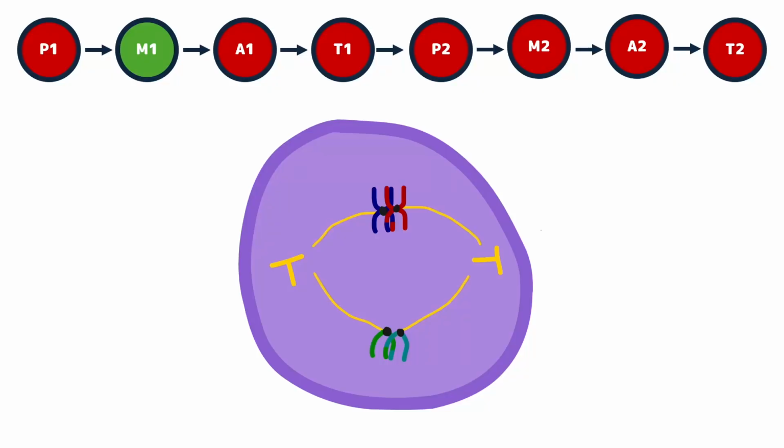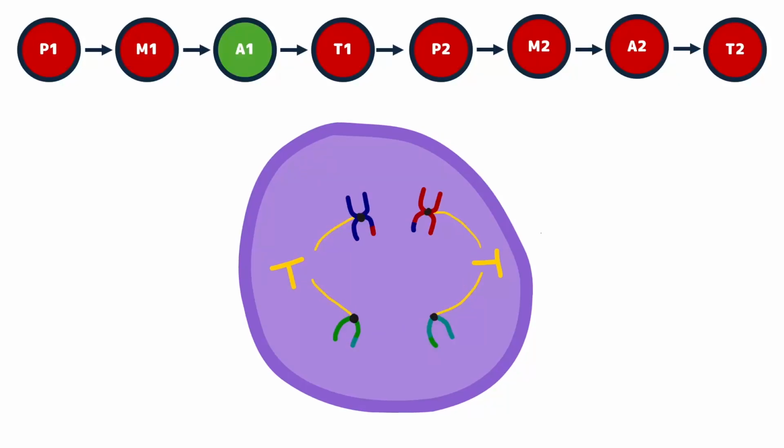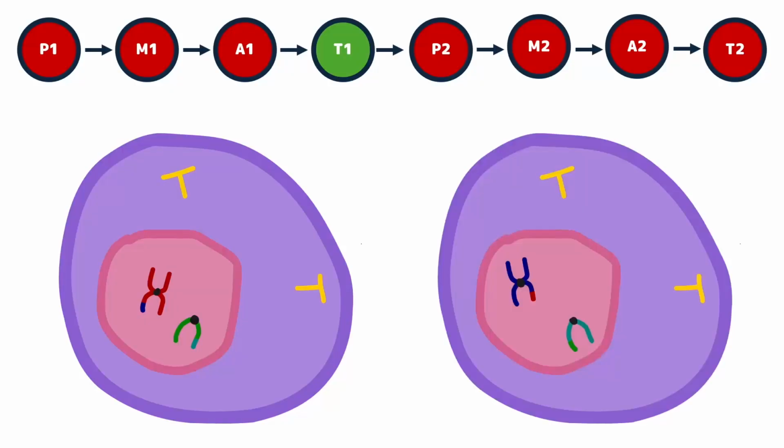And after each chromosome is connected to the centrosomes, anaphase starts, the first anaphase, where the homologous chromosomes are brought to the opposite poles, and in telophase 1 we get two cells, and here meiosis 1 finishes.